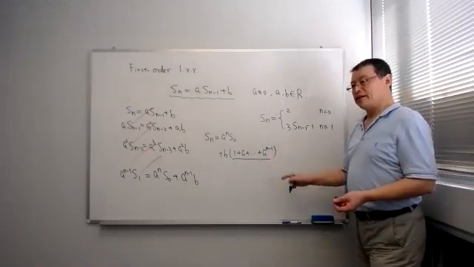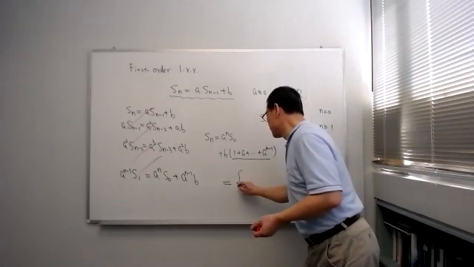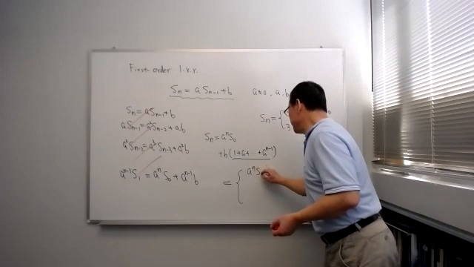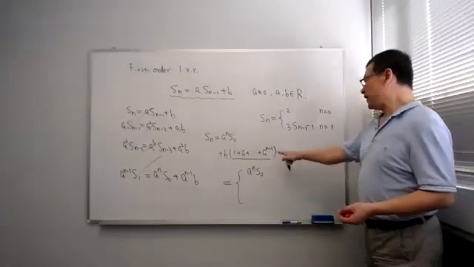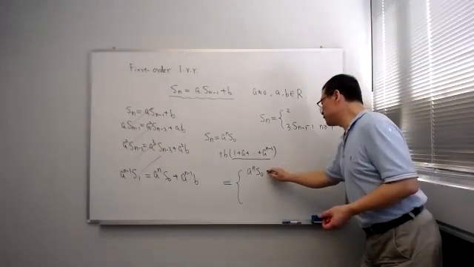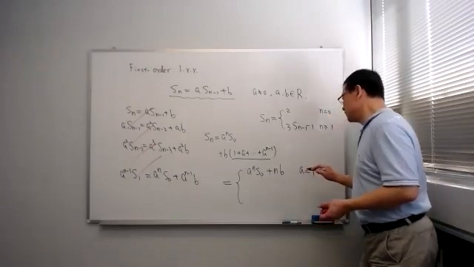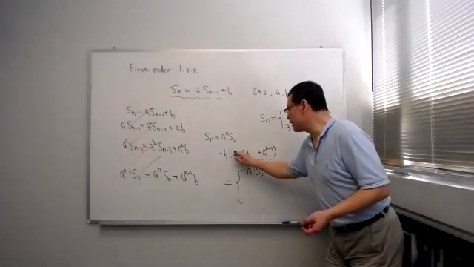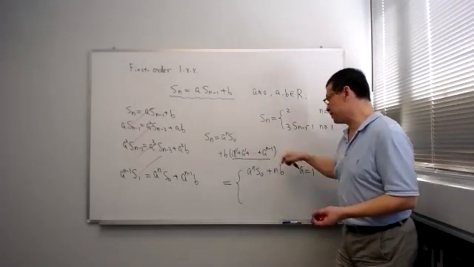Now, the only thing you need to be careful about is that this summation depends on the value of A. If A equals 1, this one will be nB. From here, I can rewrite it as A to the power 0, 1, up to n minus 1, n terms.